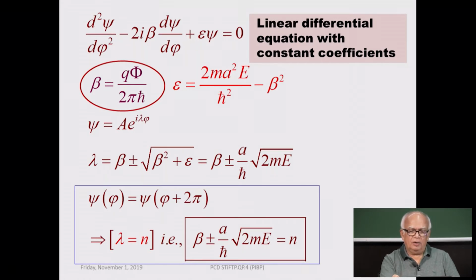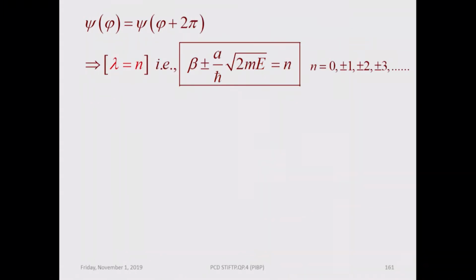So, the term in the box involves the energy, but the energy can only be such that this equation is satisfied, in which n must be a positive or negative integer. So, n can be either a positive or negative integer.